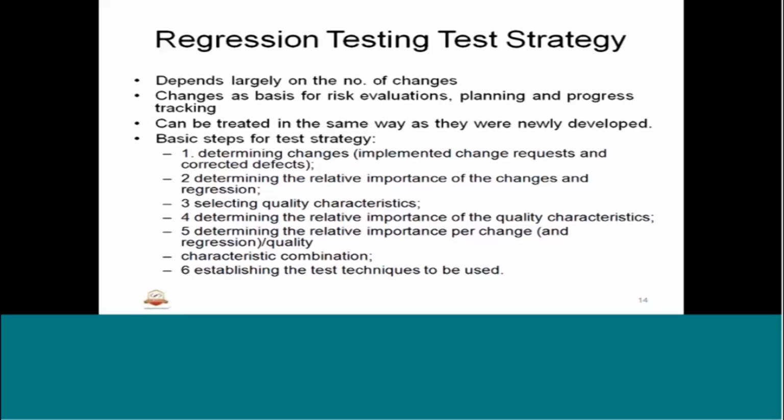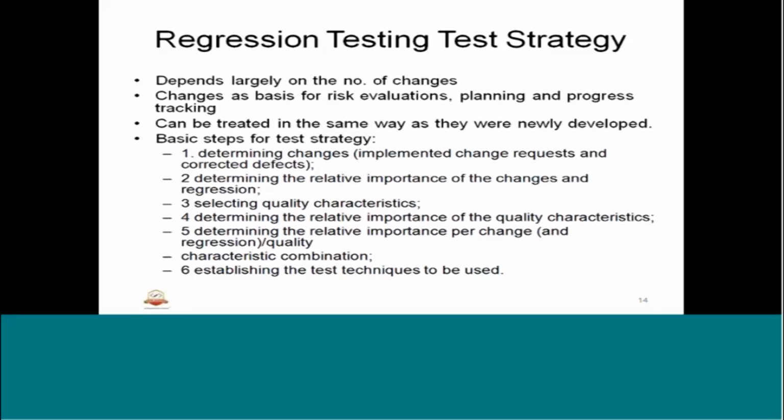That means some of the functionality needs to be addressed for regression testing as if it were newly developed, and we are going to test it afresh. So the test strategy could be determining the changes. The first part is implemented change requests and corrected defects. So what is being implemented and what is being changed, we need to determine first.